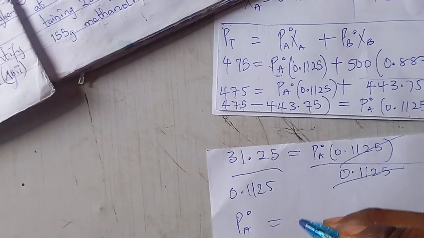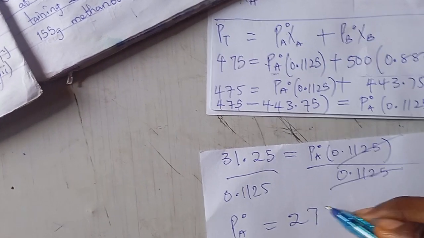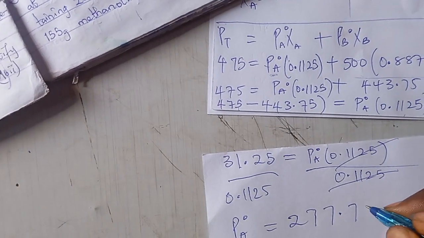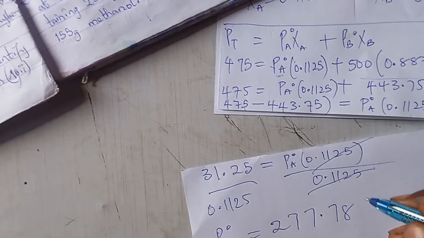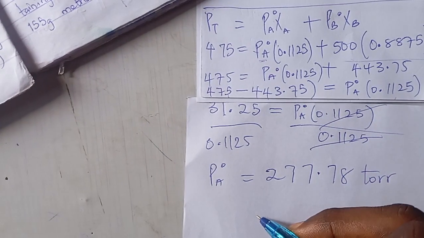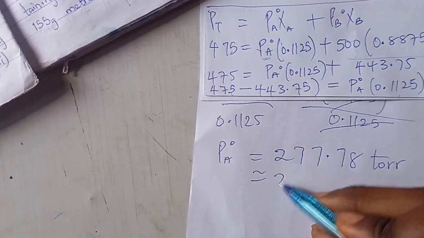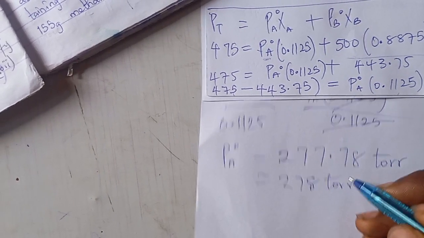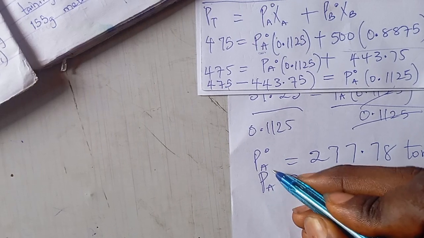You get 277.78. And remember, the pressure used for each is torr. So this is approximately 278 torr for the pure pressure, PA naught.